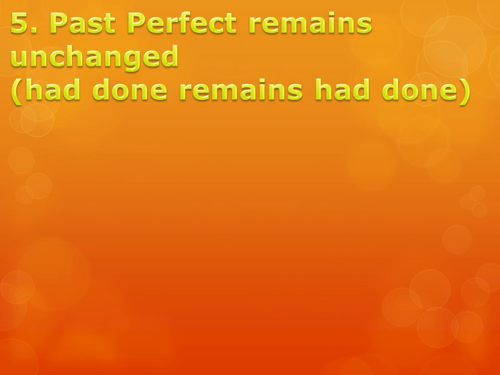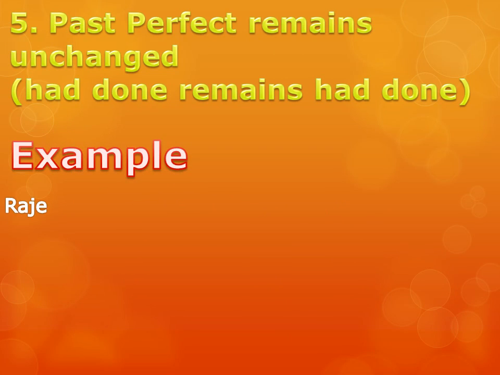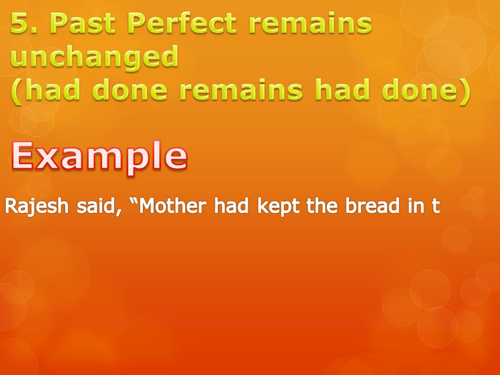Rule 5. Past perfect remains unchanged. That means had done remains had done. Now let's take an example to understand this. Rajesh said, mother had kept the bread in the box. It is a direct speech.